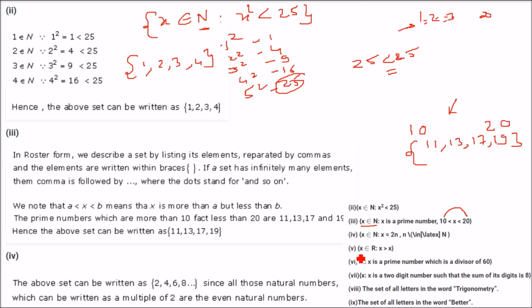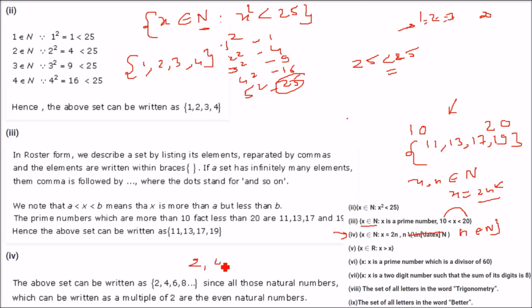The next one is: x belongs to N and x equal to 2n, where n belongs to capital N. So x and n both belong to the natural numbers, and x is equal to 2n. We have to put 1, 2, 3, 4 in place of n. So it is simply the table of 2, and there is no restriction also.